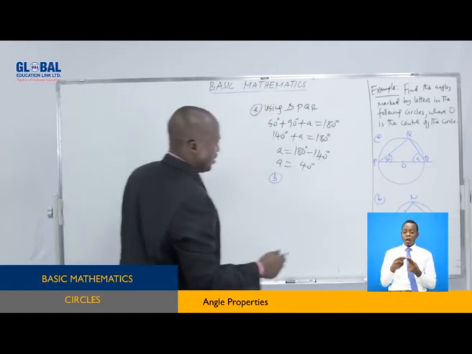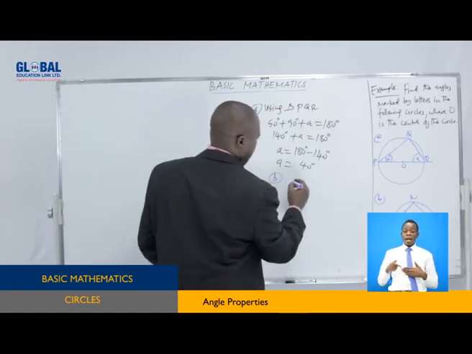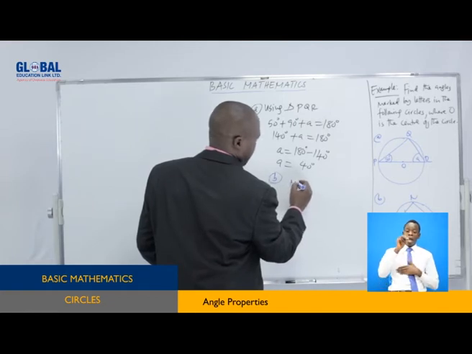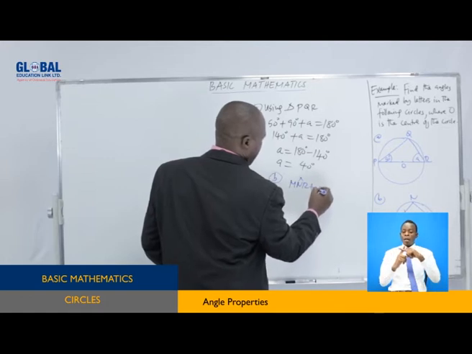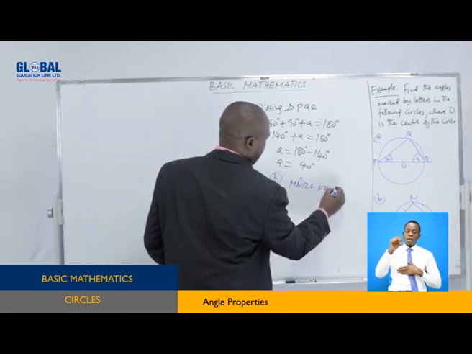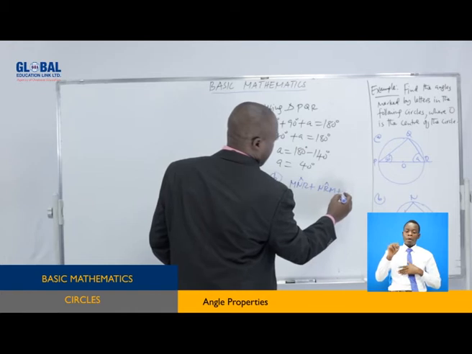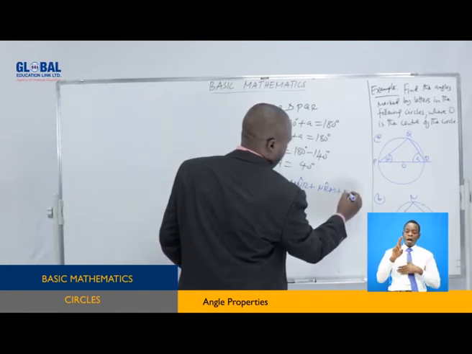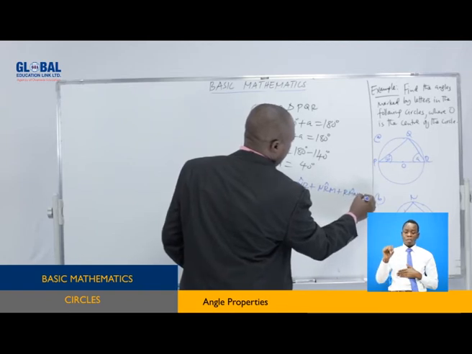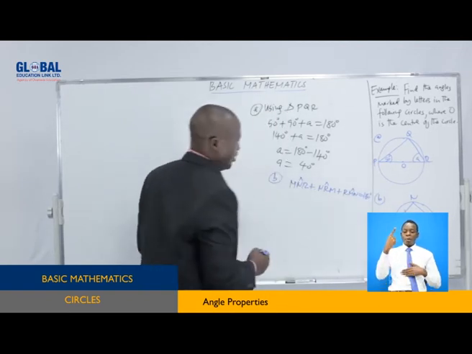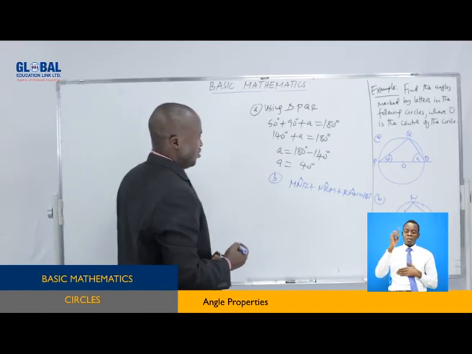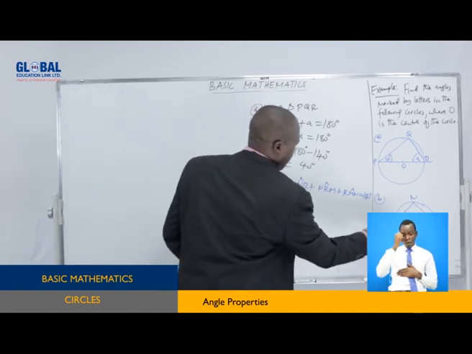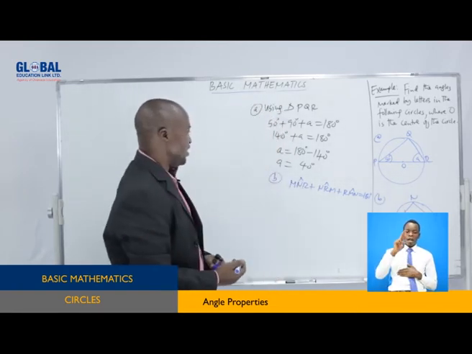So for B, again we say MNR plus NRM, then plus RMN is equal to 180 degrees. So remember, MNR is equal to 90 degrees.